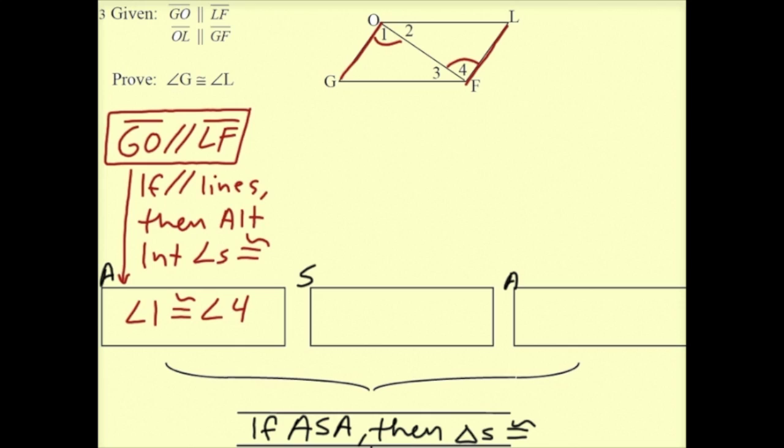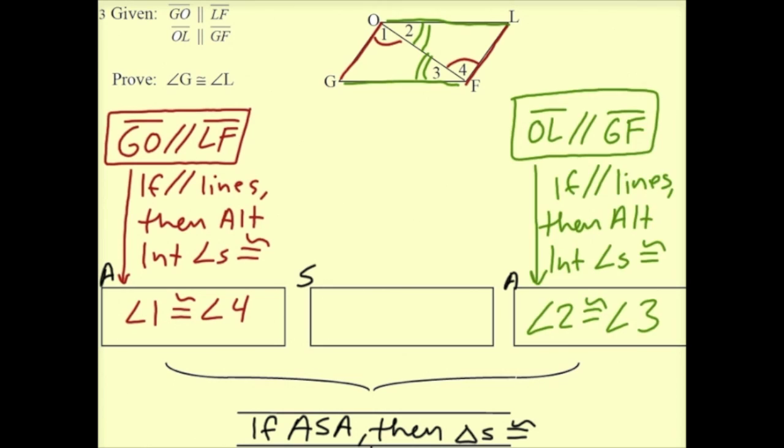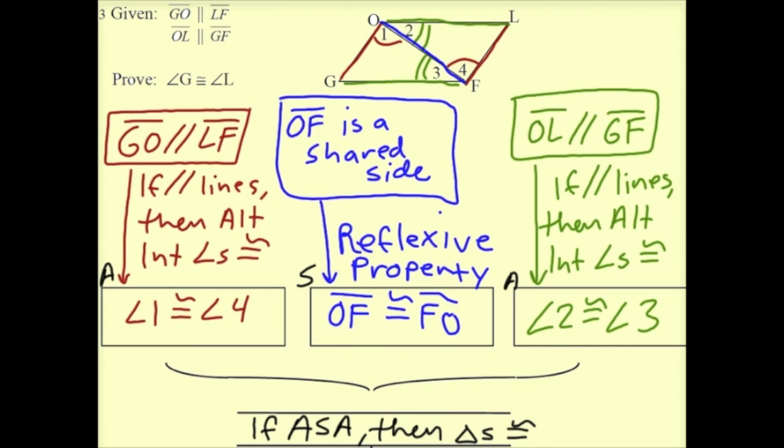Similarly, because OL is parallel to GF, angles 2 and 3 are congruent. And then lastly, OF is a shared segment in both triangles, and as a result, it'd be congruent in both GOF and LFO. So now our proof is done. Scroll through it so you can take a look at the final proof.